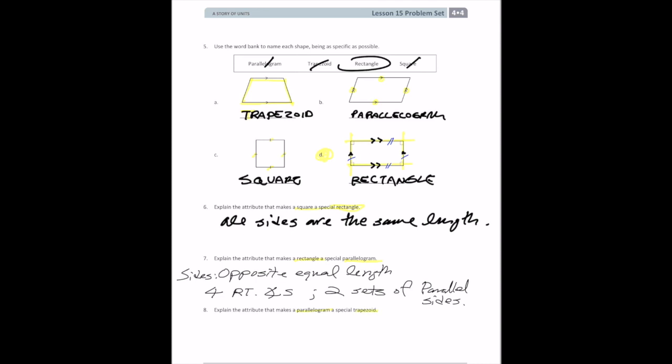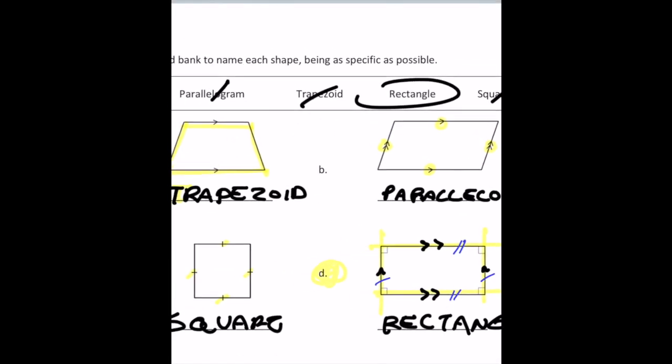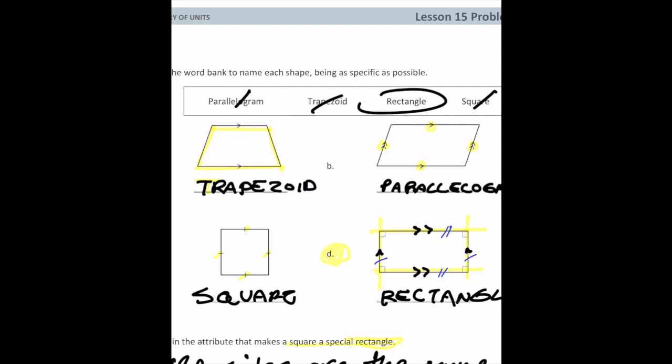Okay. Number 8, explain the attribute that makes a parallelogram a special trapezoid. Parallelogram is a trapezoid too? Okay, so we can go back to number 5 since they've done so well to draw them for us. And is a parallelogram a trapezoid? Okay, so let's just focus on those two on the top. So we're looking at the parallelogram, this right here. And what makes a parallelogram a trapezoid, but not a trapezoid, a parallelogram? You see, you can't reverse it.